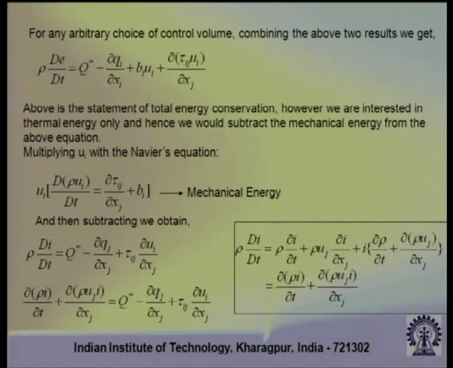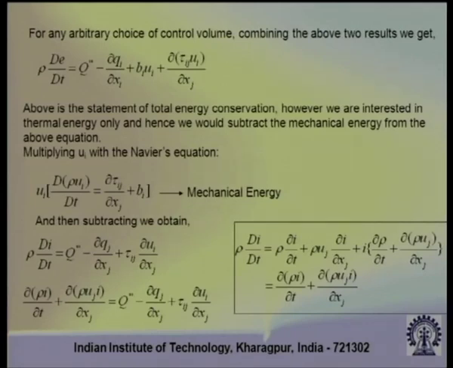So, next what we can do is, for any arbitrary choice of the control volume, we can combine these results, that is we can write the volumetric term, we can write the surface term for both the work done and the heat transfer, and then express the left hand side and the right hand side in this following manner. So, it is a statement of total energy conservation, that we have to remember. It means it considers the internal energy plus kinetic energy plus potential energy.